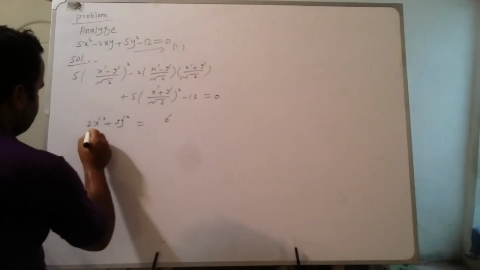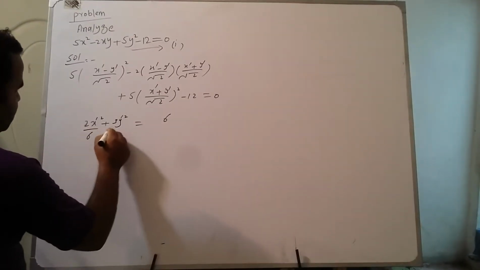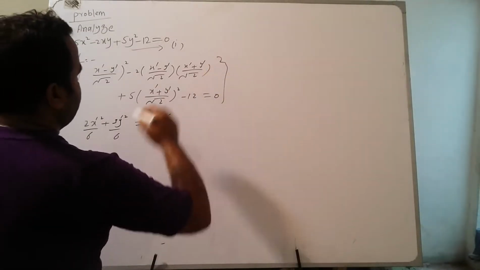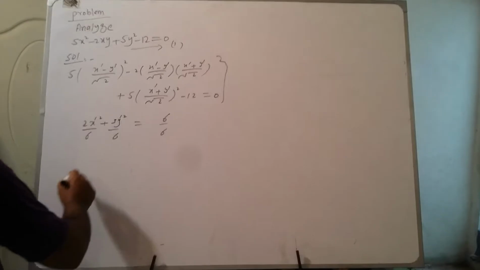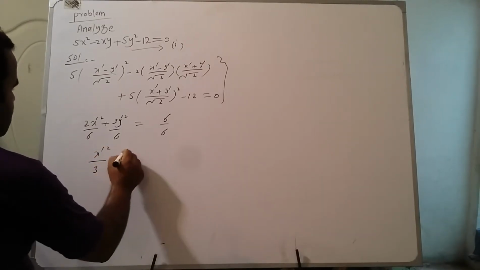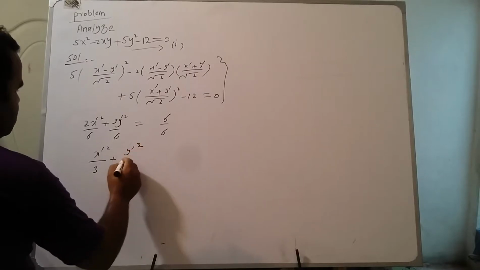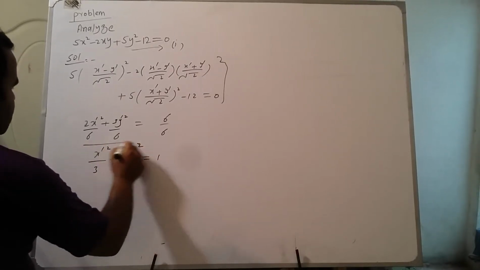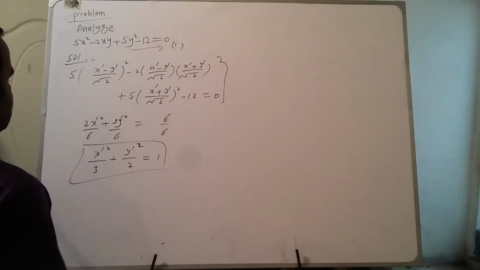We divide each term by 6 and get x dash square over 3 plus y dash square over 2 is equal to 1, which is the equation of an ellipse.